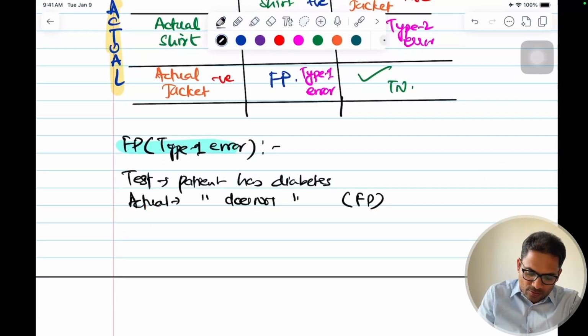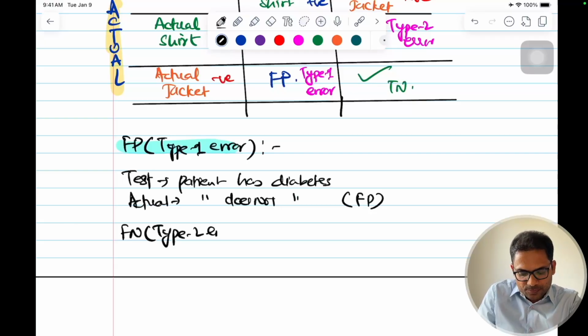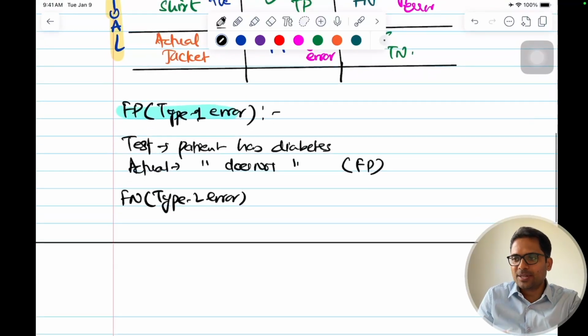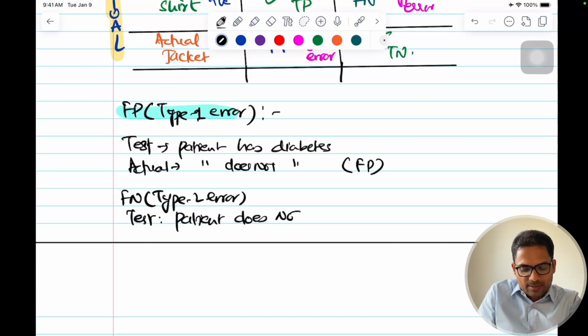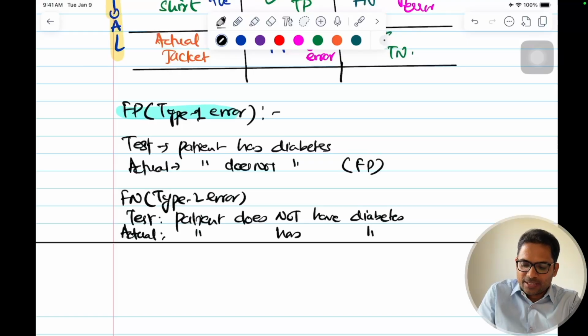Similarly, for a false negative or a type 2 error, we conduct a test and the test says that the patient does not have diabetes, but actually the truth is the patient has diabetes.